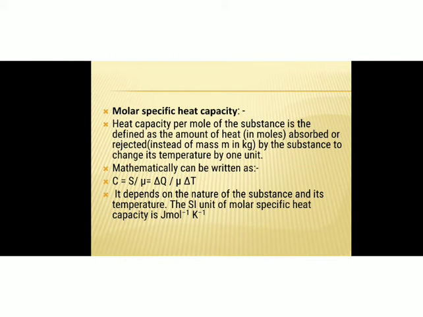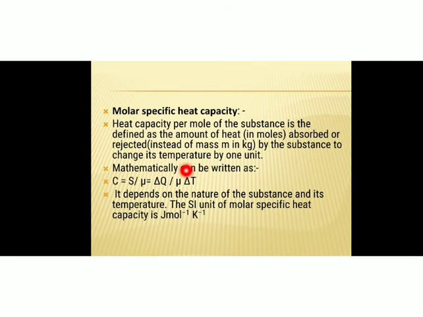Next is molar specific heat capacity. What do you mean by molar specific heat capacity? It is the heat capacity per mole of the substance. It is defined as the amount of heat absorbed or rejected by the substance to change its temperature by 1 unit.